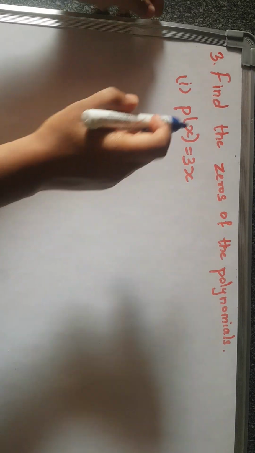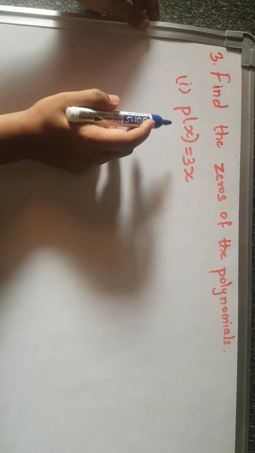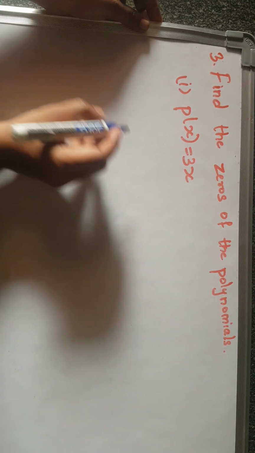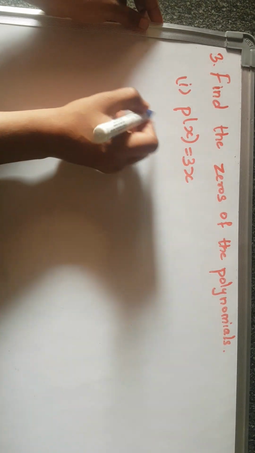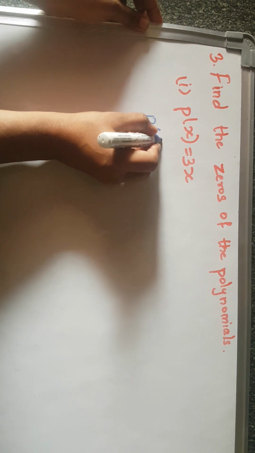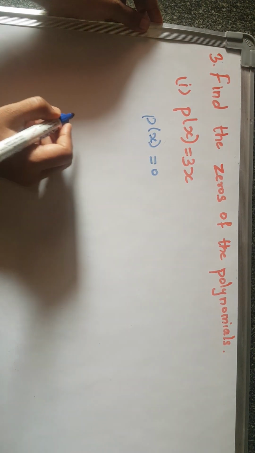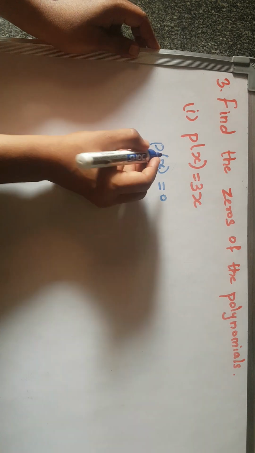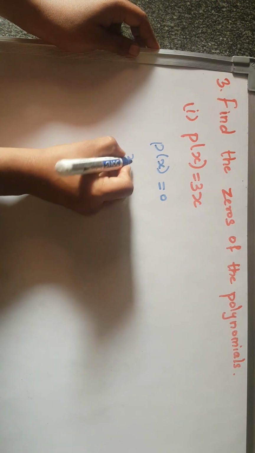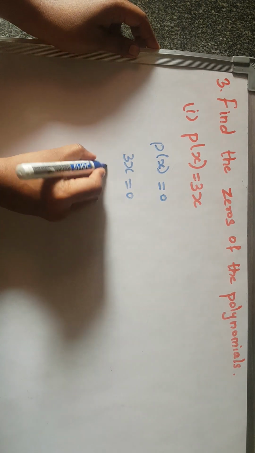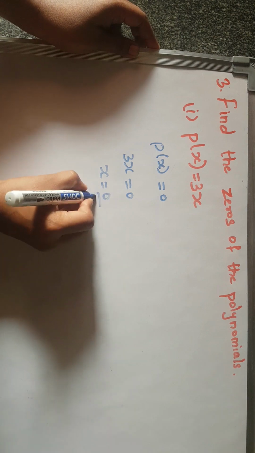Now third question. Find the zeros of the polynomial p of x equals 3x. We have to put p of x equals 0 to find zeros of the polynomial. So here put 3x equals 0, which means x equals 0 by 3.